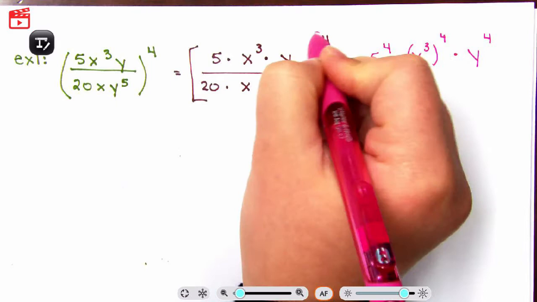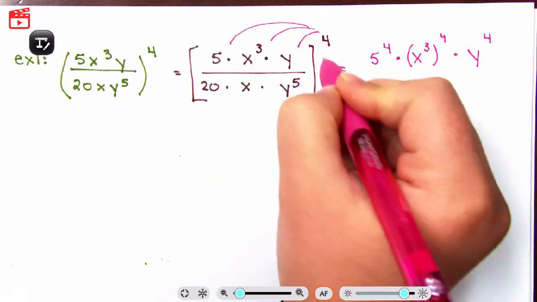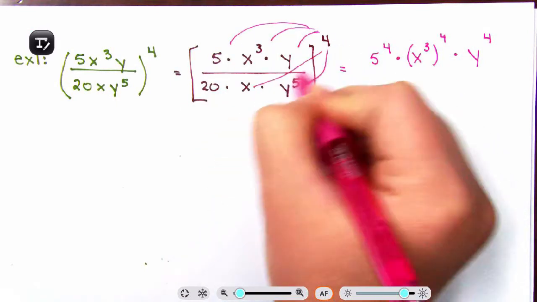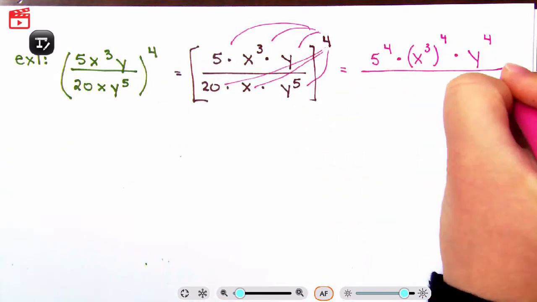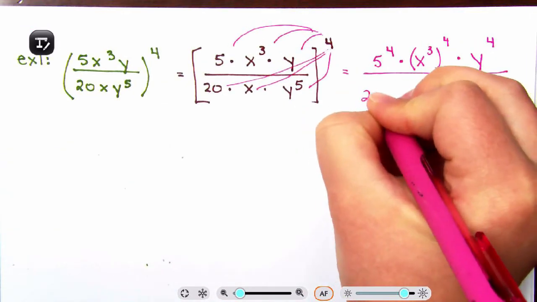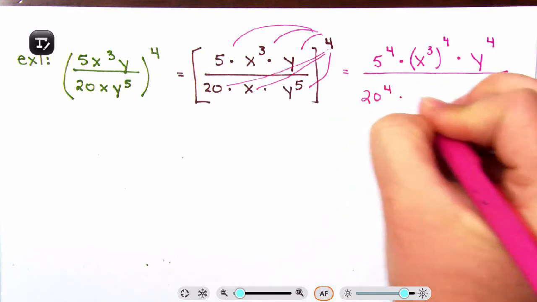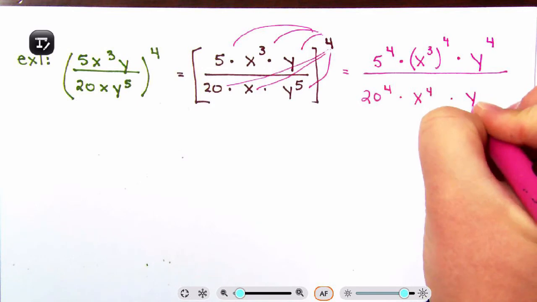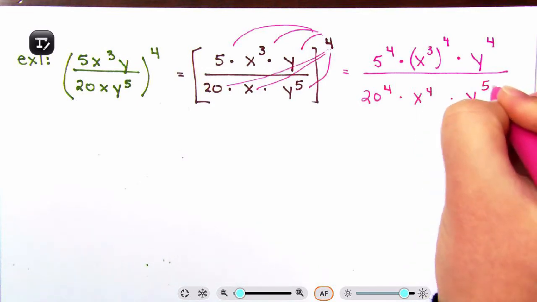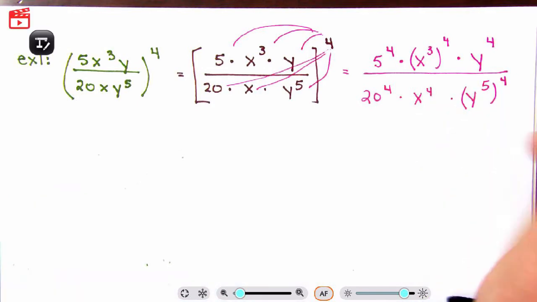So this 4 is going to each term. And again, if you see addition or subtraction, you cannot do that. All of this is now over 20 to the 4th power times x to the 4th power times y to the 5th power being raised to the 4th power.